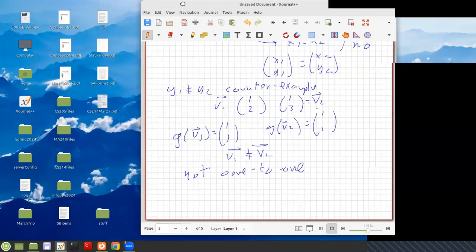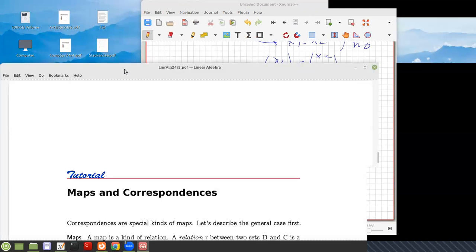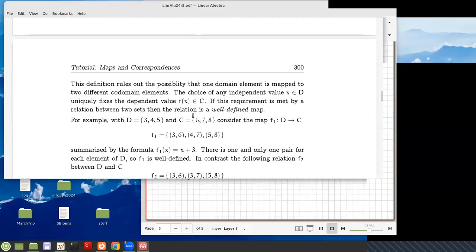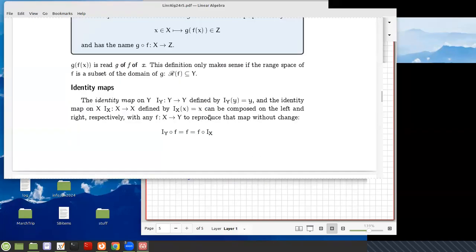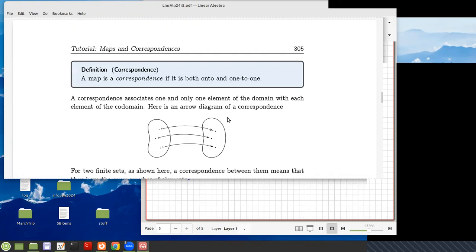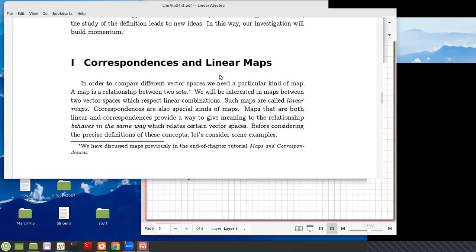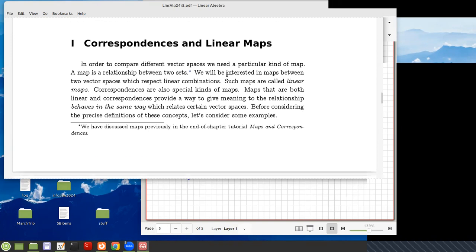We only have 5 minutes left in class, so let's look at where we are in the text and maybe go a little bit beyond that. Here we are with linear maps, and we have correspondences. The first section is on correspondences in linear maps.